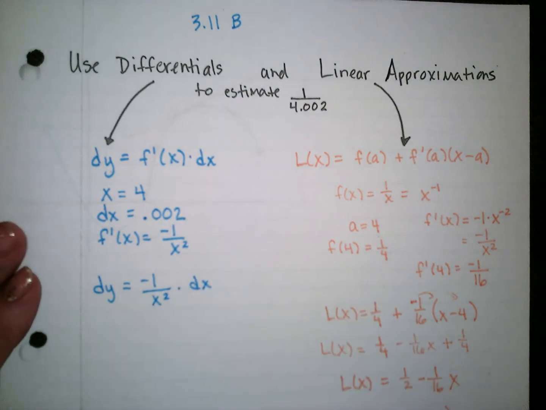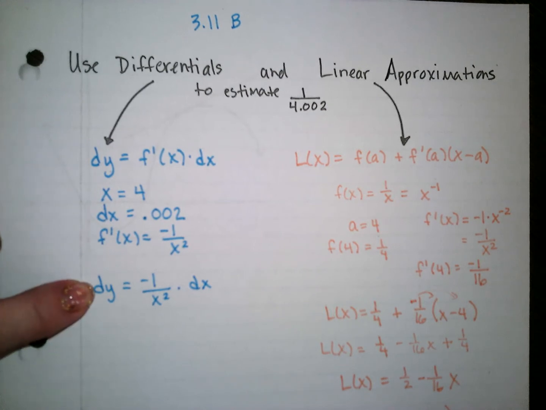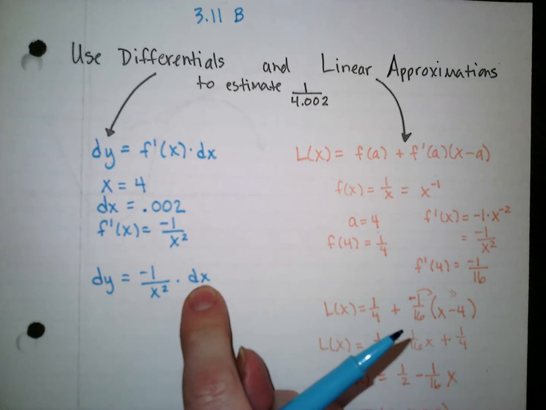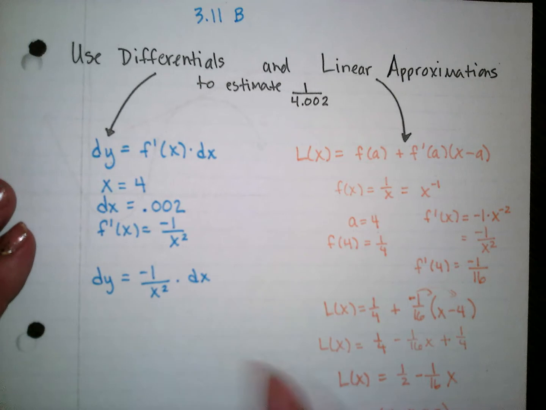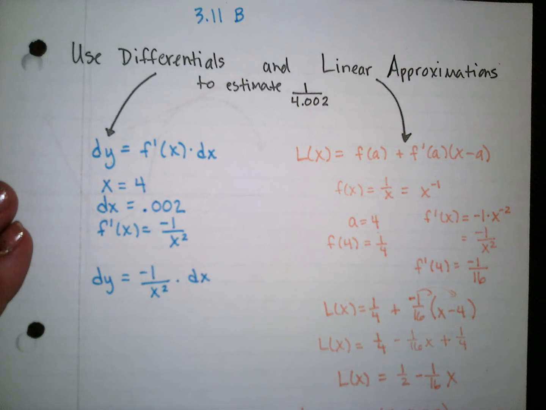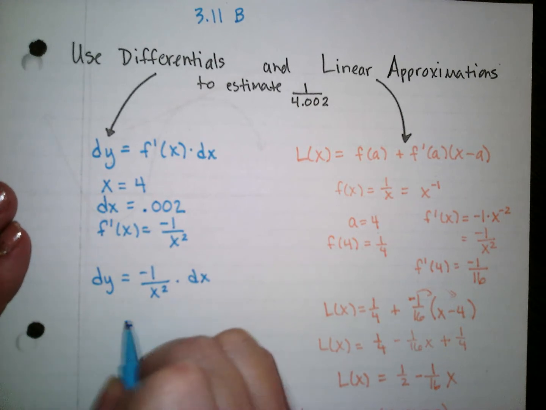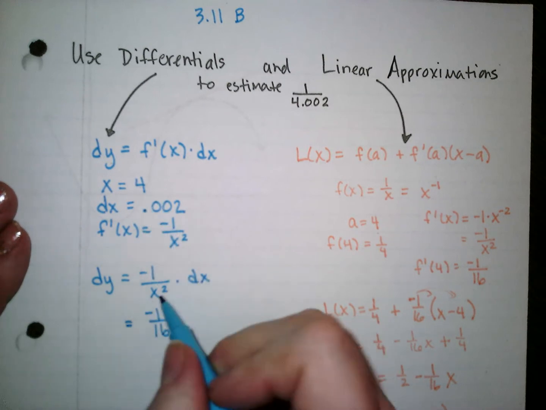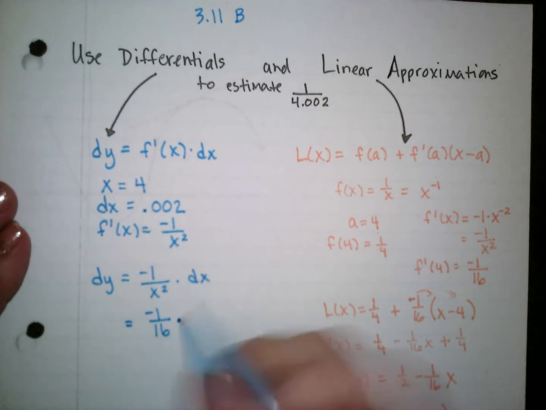So in our differentials formula, dy is equal to negative 1 over x squared times dx. The dy represents the change in y, the x represents our x value, and the dx represents the change in x. So this is going to tell me the amount of change in y when I'm using an x value of 4 and a change in x of 0.002. So dy will be negative 1 over 16, because remember my x value is 4, times dx, which was 0.002.